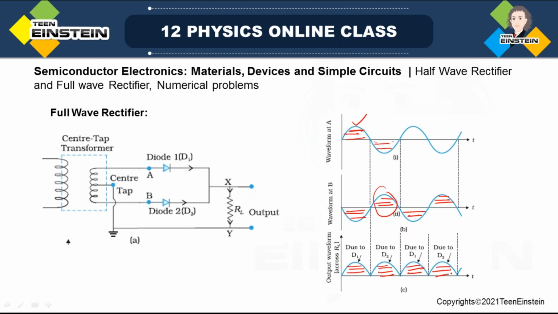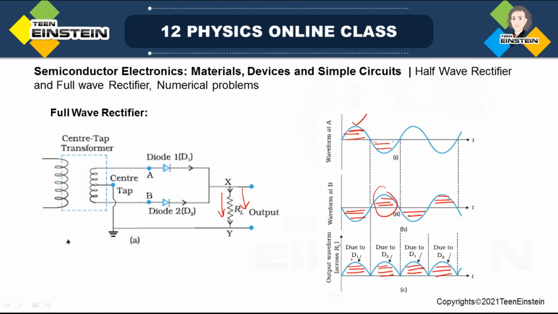Further in the negative half cycle, D2 conducts. Since both the diodes are conducting and the current is in the same direction, you will get voltage for both cycles. So that's why it is called a full wave rectifier circuit.